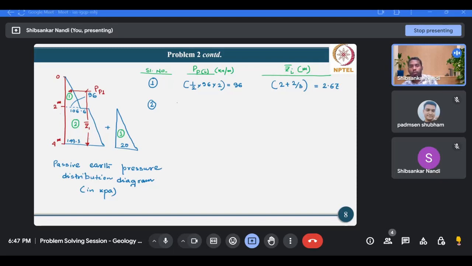So that means it will be h/2, that means 2/2 plus summation of the two sides. Okay, so 106.6 plus 149.3.